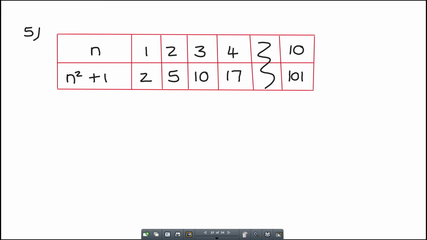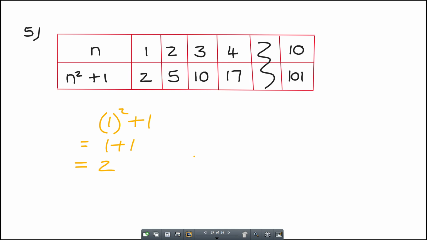For the very first one, one to the power of 2 plus 1 will give you 1 plus 1, and that's how I got to the 2.